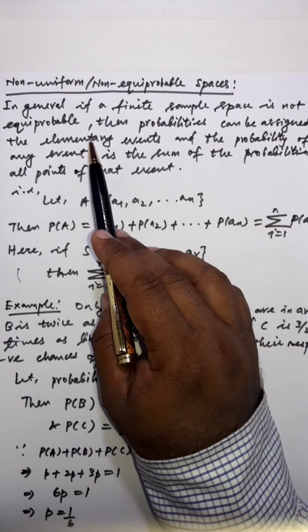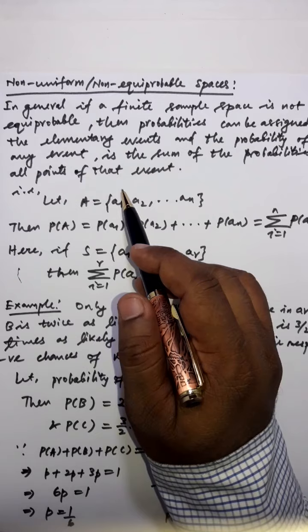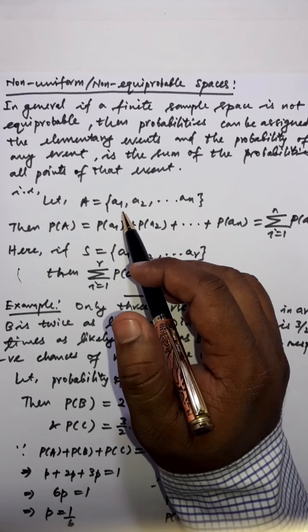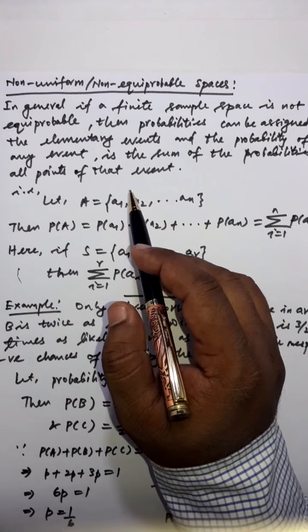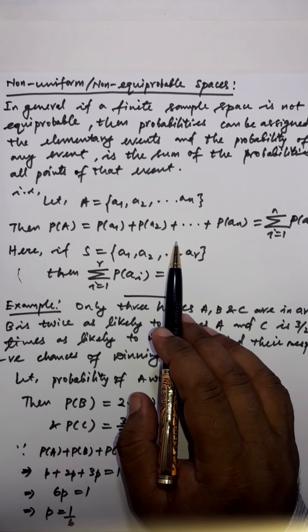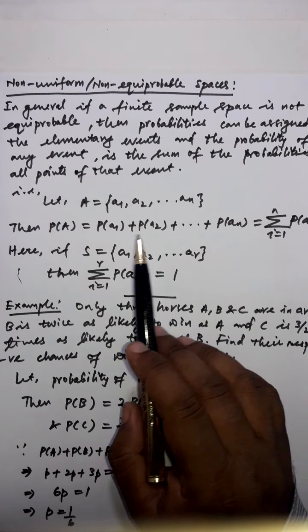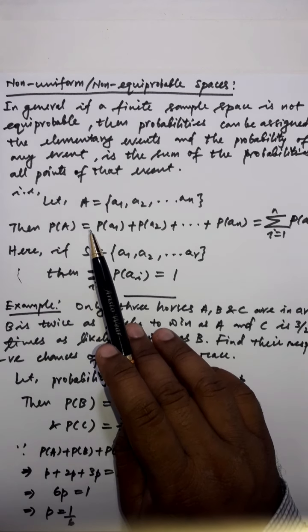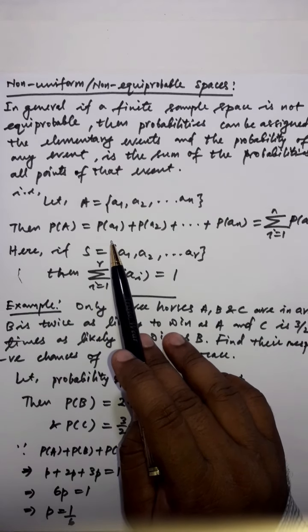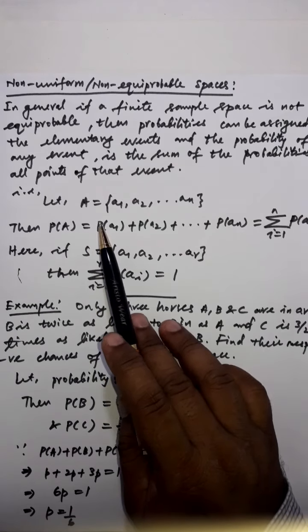In uniform cases we are not required to use the probabilities of individual elements, because there we have a fixed, clear cut formula. But here, due to the lack of a clear cut formula, to get the probability of an event we have to add the probability of each and every element of that event.